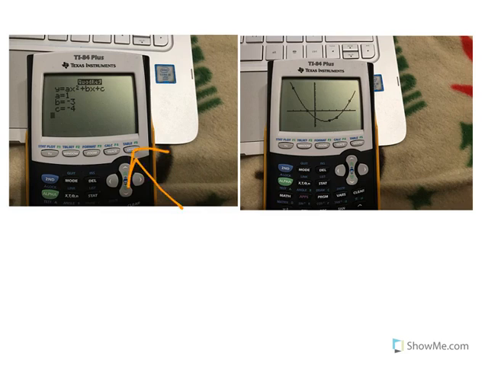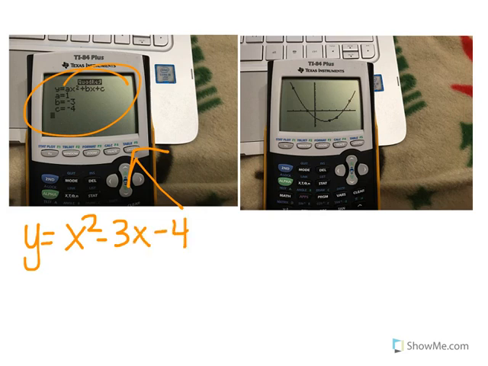So this is what I got right here. You can look at the screen, and it's telling us that A is 1, B is -3, and C is -4. So we can write that equation as y equals 1x squared. So we're not going to put the 1 there. We're just going to write x squared minus 3x minus 4. And that's our quadratic equation that fits the points.